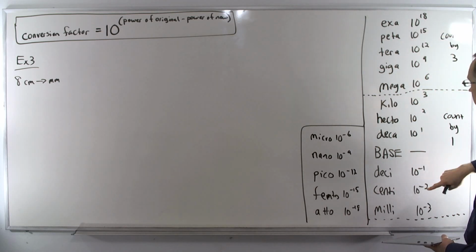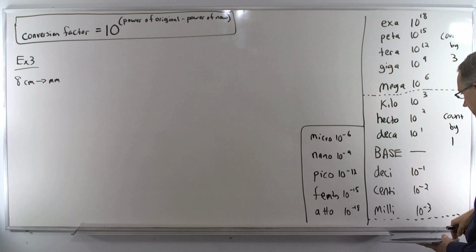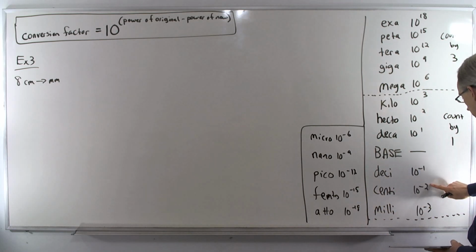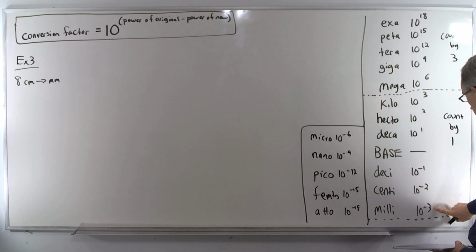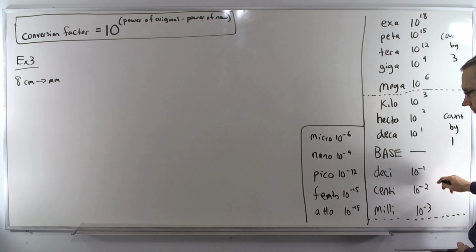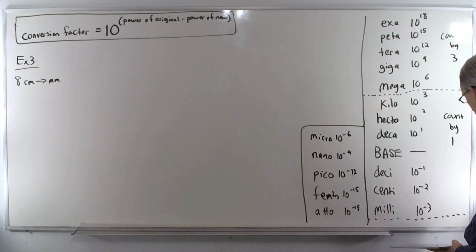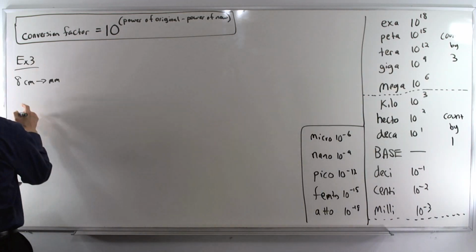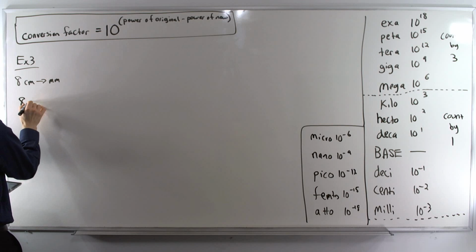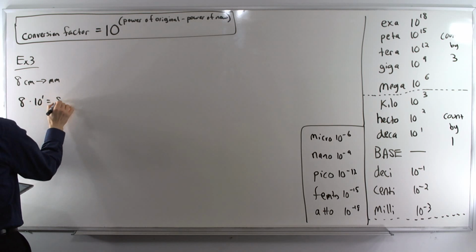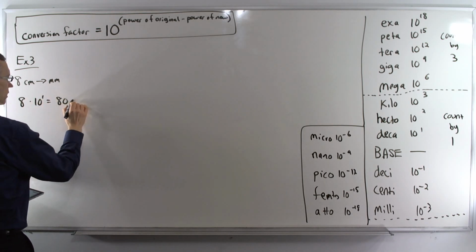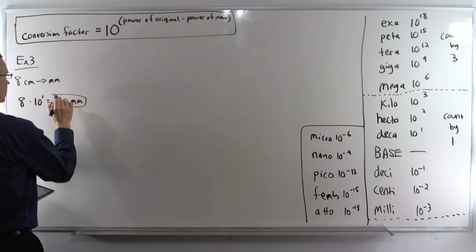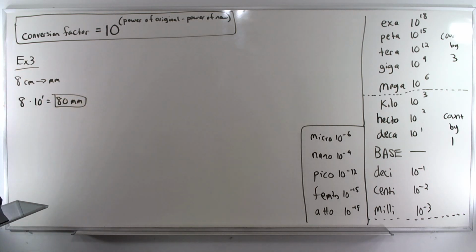If the table's oriented like this, with the larger stuff at the top and smaller stuff at the bottom, if we go down the table, that is a positive 1 move. Going down is positive, up is negative. It may seem backwards, but it's just how it is. So the power on 10 is going to be 1. We take the original number 8 times 10 to the first power, and that gives us 80. So 8 centimeters is equal to 80 millimeters.